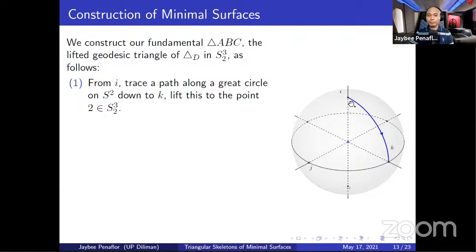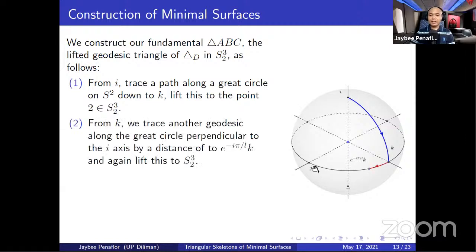Starting from the point I, we go down to K. This is a geodesic connecting I and K. Since this geodesic in S^2 passes through the point I, we can uniquely lift it to another geodesic that goes through the point 2 in S^3_2.